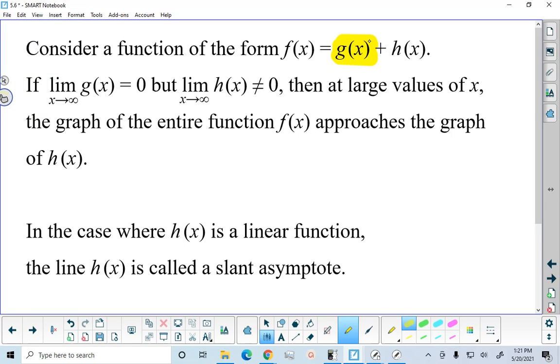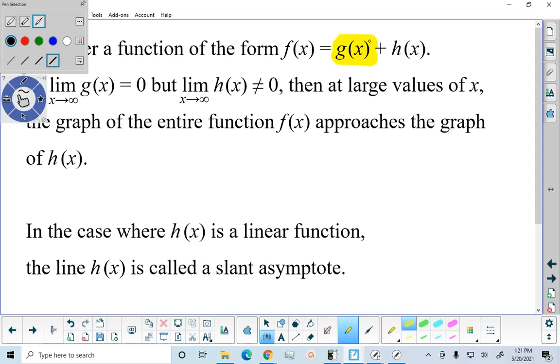It gets smaller and smaller and smaller. So at large values of x, I don't know that you want to muddy up your notes with this. This is just me explaining. At large values of x, this thing gets smaller.